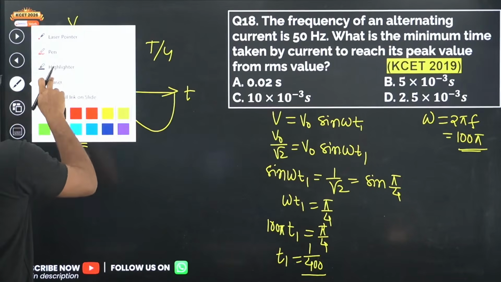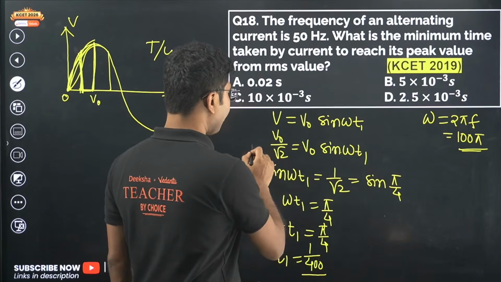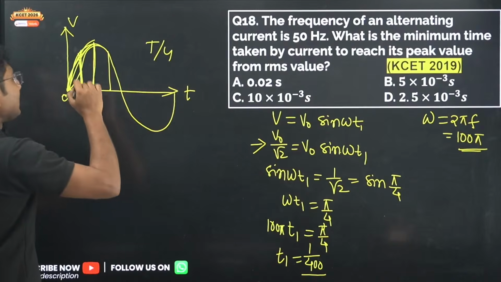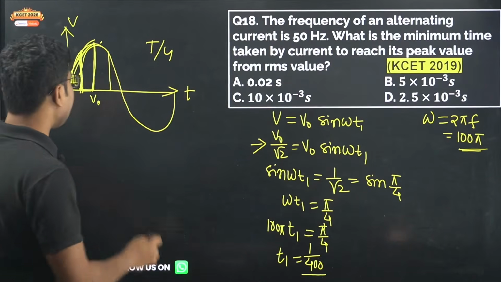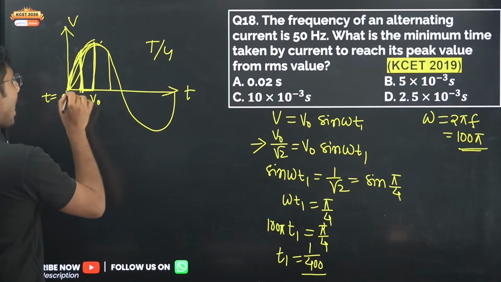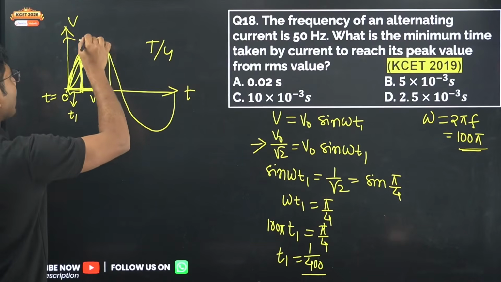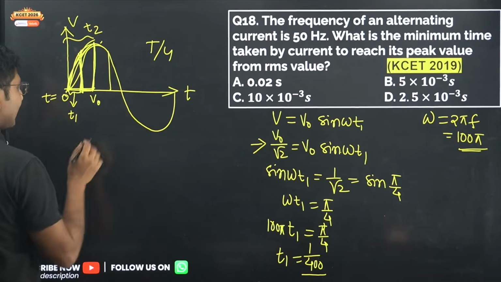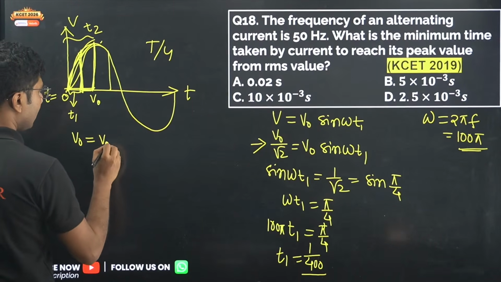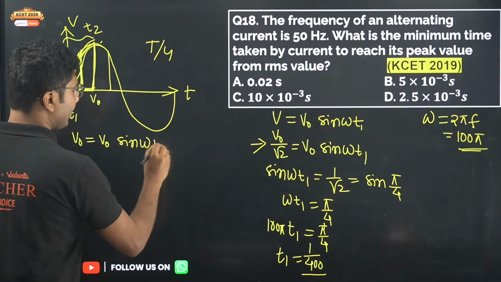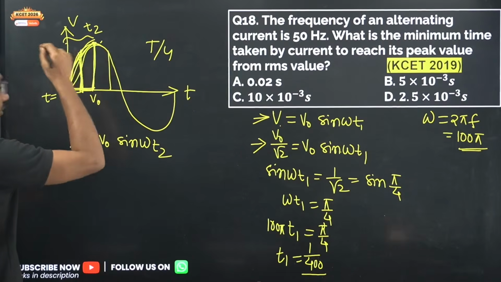This is an interesting question, not a one-liner solution. So first we have calculated the time required to reach the RMS value. Next, from RMS, how much time is required to reach the peak value. Again starting from t equals 0, we need the time to reach the peak value, that is t2. We use the same equation, V naught equals V naught sine omega t, because at this point the voltage is V naught.